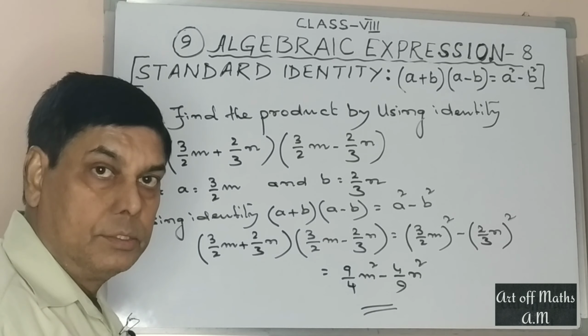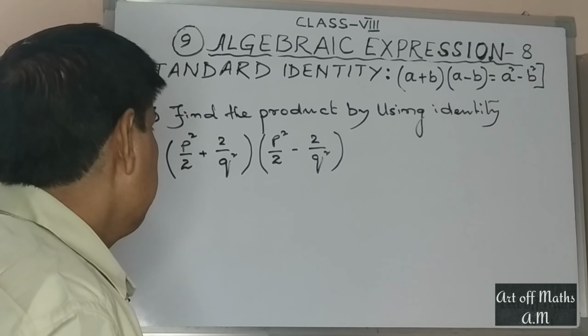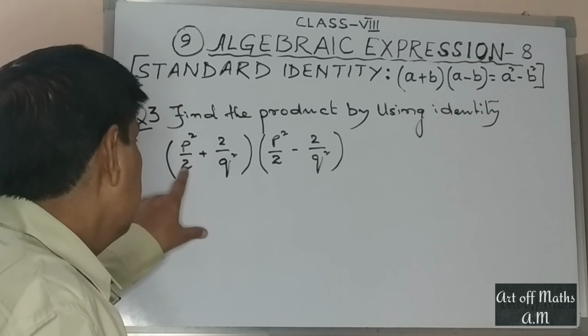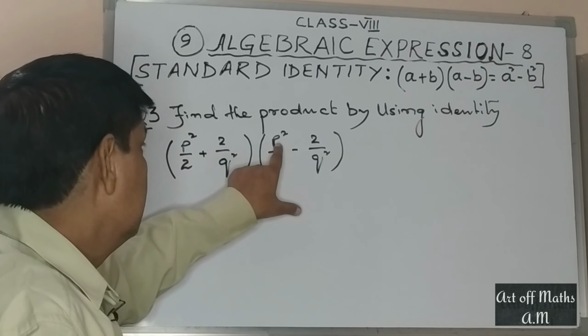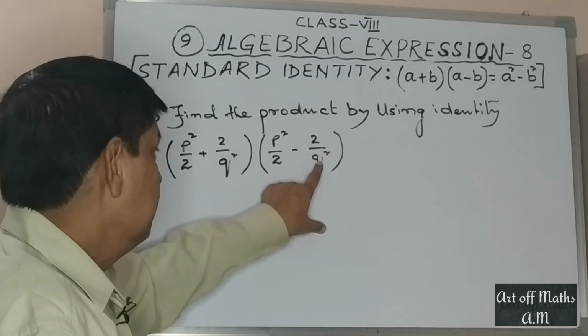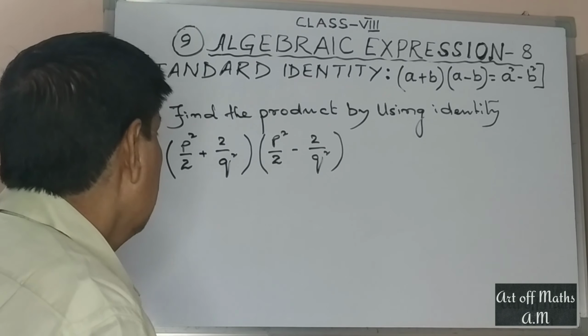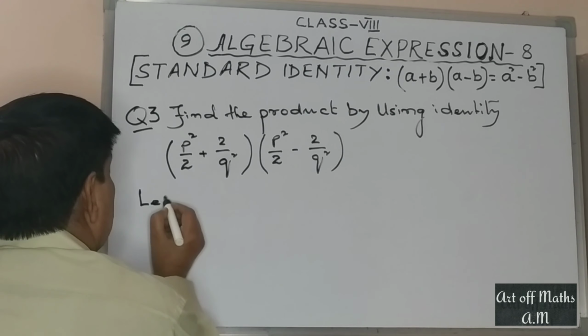Now coming to the third one. Third question: (p square by 2 plus 2 by q square) into (p square divided by 2 minus 2 divided by q square). Now, the same method we will apply.